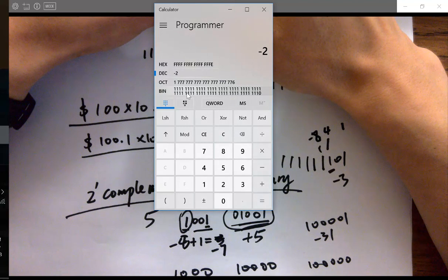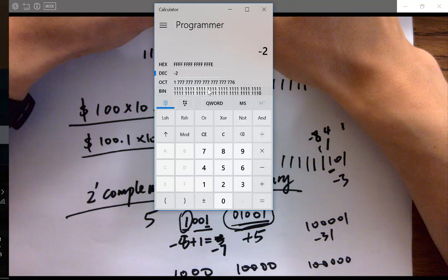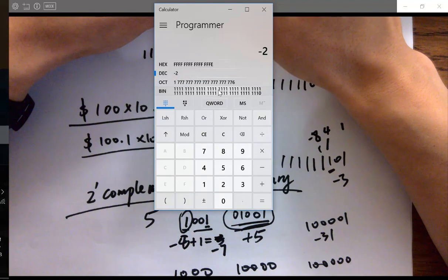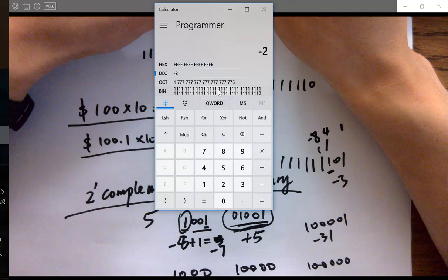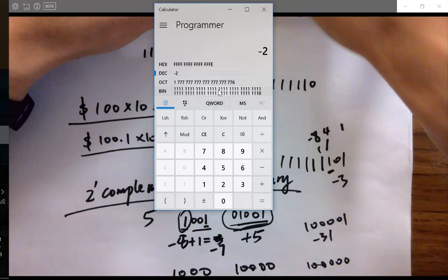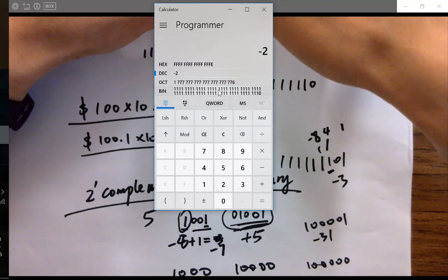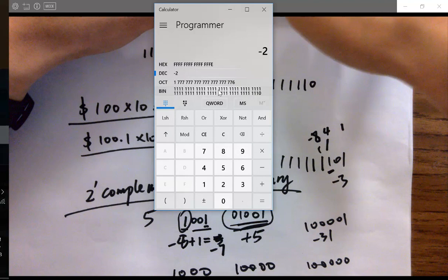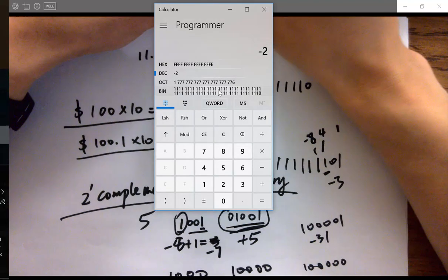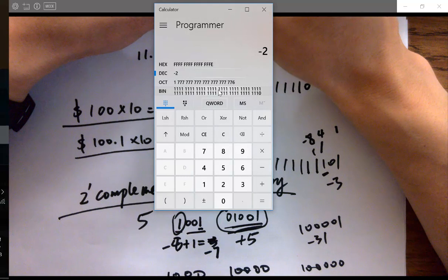Look at it. Why does it not show more? How many bits are there? 64. Yes, it's a 64-bit CPU, the Intel Core i5, 7th generation. It's a 64-bit memory system.